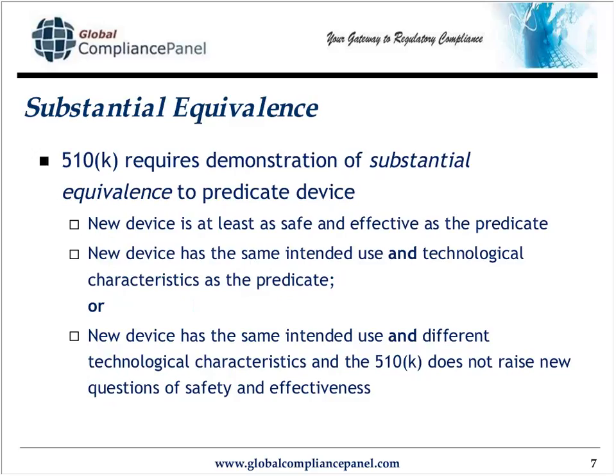Also, you're saying that your device has the same intended use and technological characteristics as the predicate device, or that you have the same intended use and different technological characteristics, but the data you provide in your 510K shows that there are no additional questions of safety and effectiveness. So again, you're providing safety and efficacy data to support your device's clinical use.